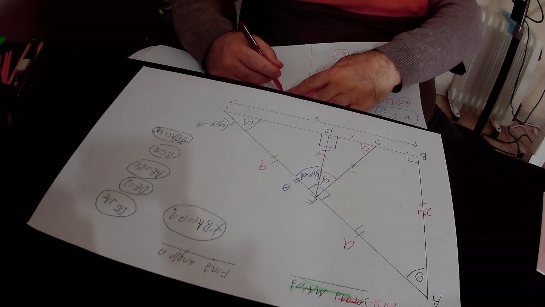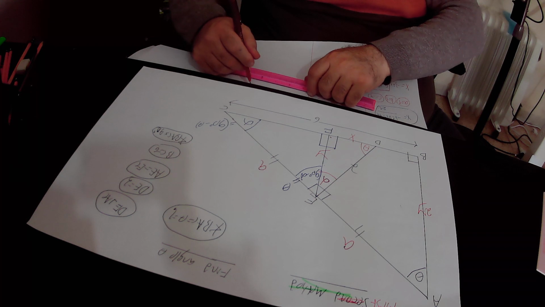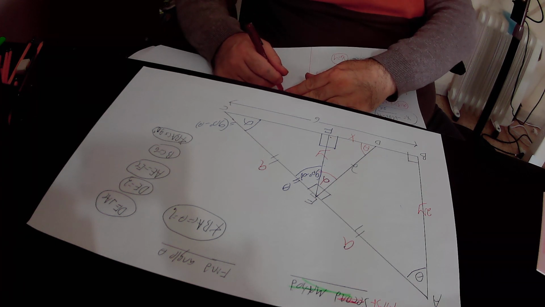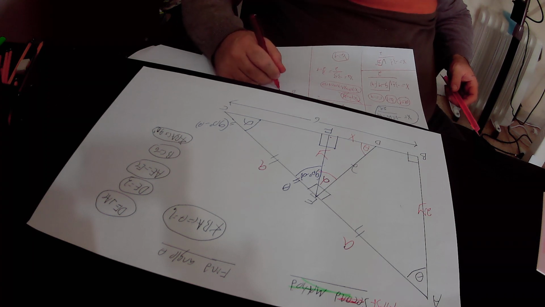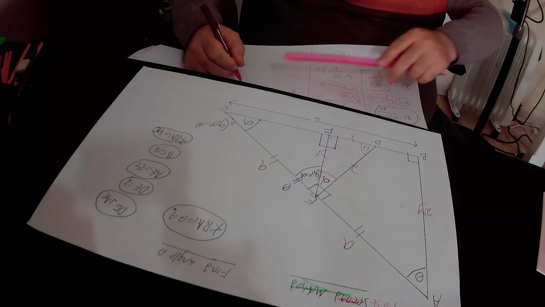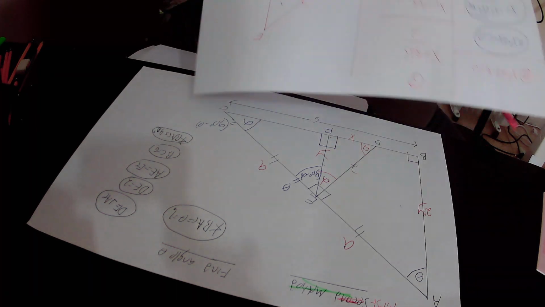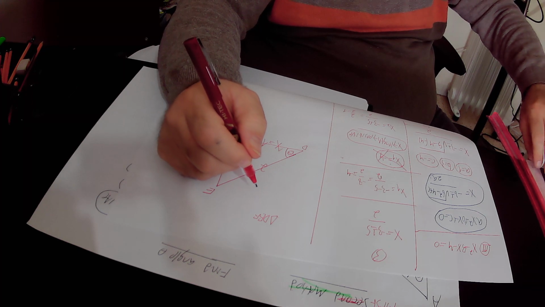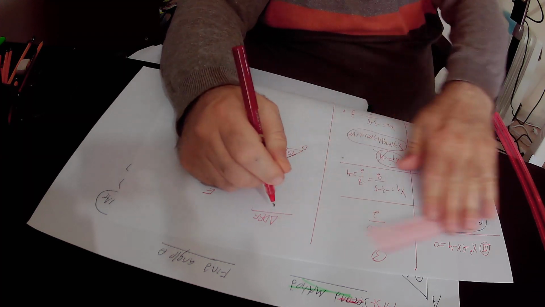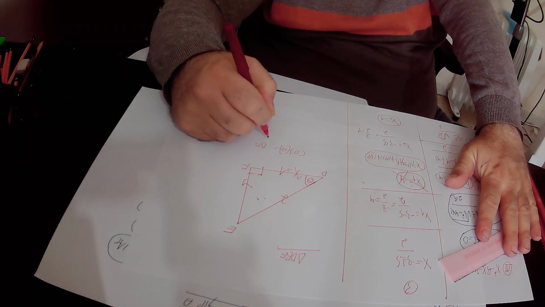So this is the right triangle DEF. Here, cosine theta equals DF over DE.